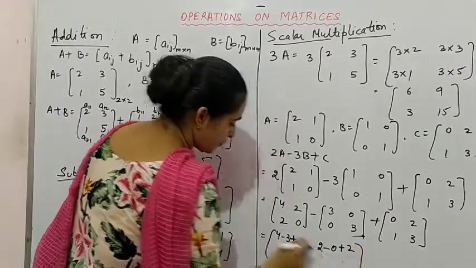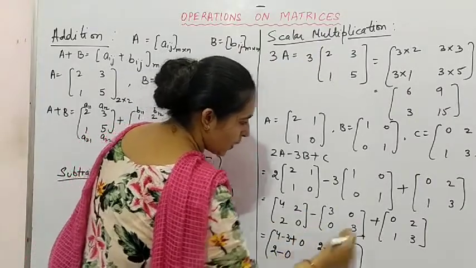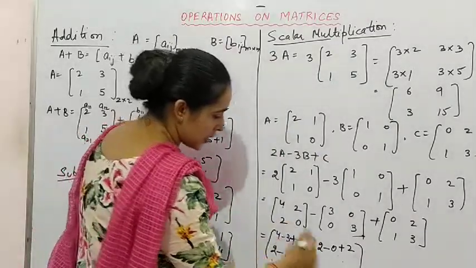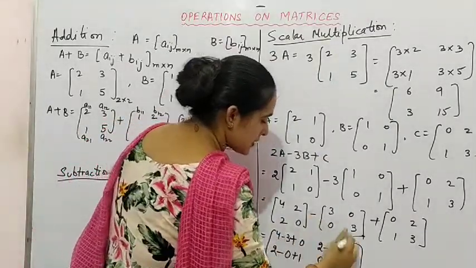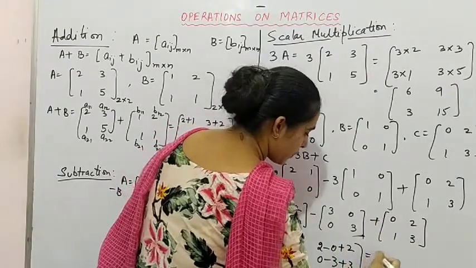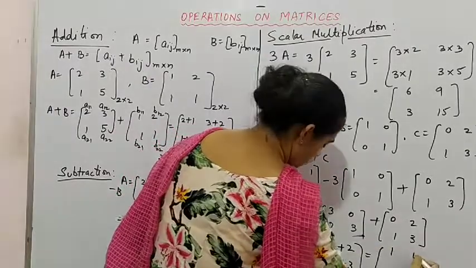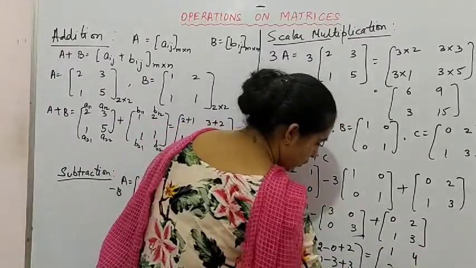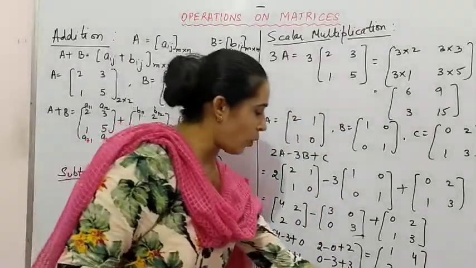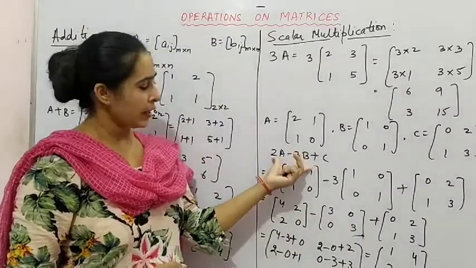Next is 2 minus 0 plus 1. Next is 0 minus 3 plus 3. So we have 1, 2 plus 2 is 4, 2 plus 1 here 3, and 0. So this is the answer of this expression which was asked to us.